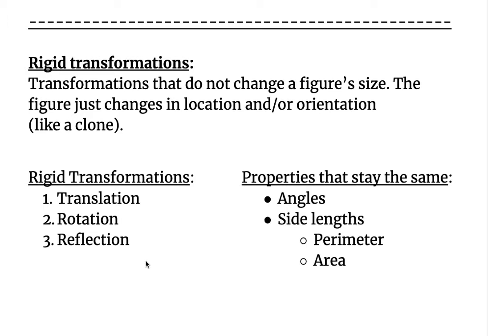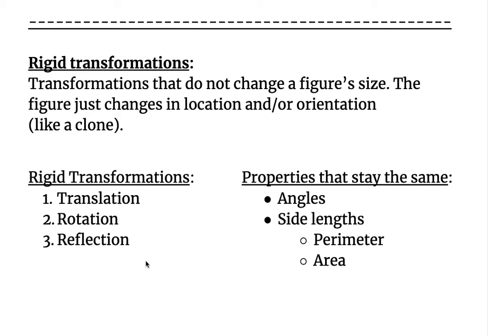And it's important to note that since they don't change a figure's size or shape, the properties that stay the same are angles and side lengths because your figure hasn't changed its size. So all the angles in the clone, the image, after you've transformed it, should be the same.